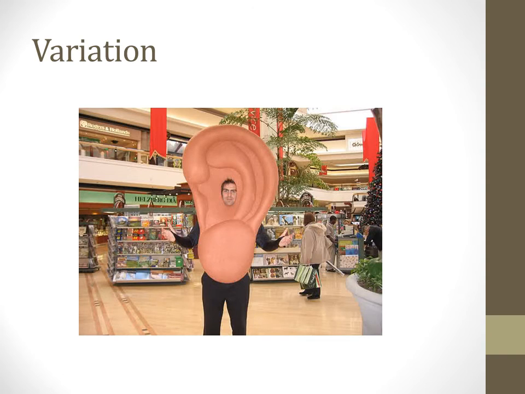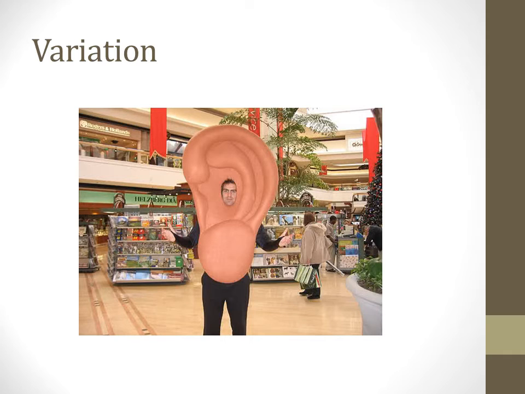So of course, starting off with variation. Variation is just going to be a difference in phenotype. As you can see here, we have Mr. Ear. Now Mr. Ear has a gene called the ear gene. This isn't a real gene, guys, this is just for the point of example, so I don't need to get a lot of emails saying this is a real gene, Jake. As I hope you can tell. Anyways, this guy has this gene, and it expresses as him having an ear face.